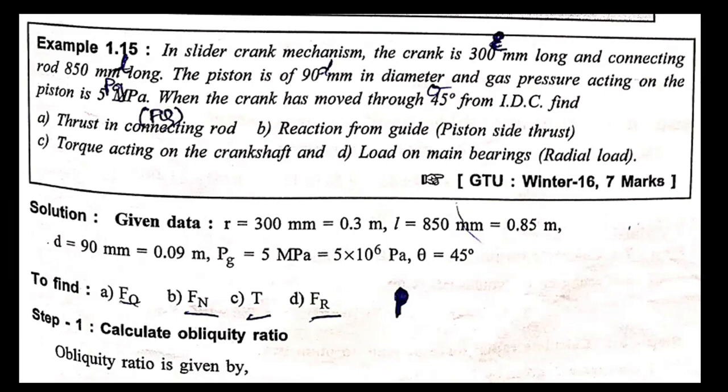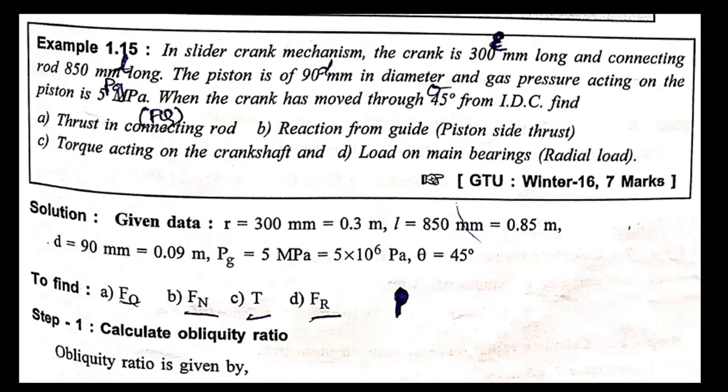Then Pg is equal to 5 megapascal, which can be converted into pascal, 5 into 10 to the power 6 pascal, and theta is equal to 45 degrees. And we have to find out Fq, Fn, T, and Fr.